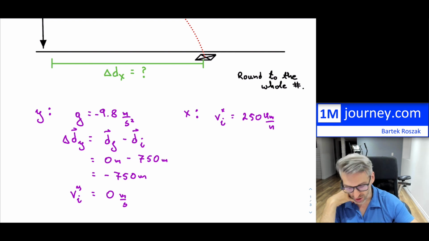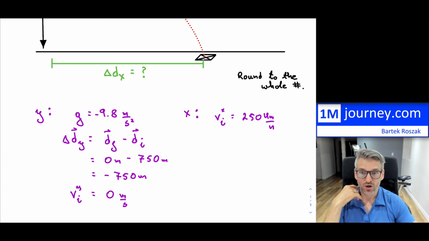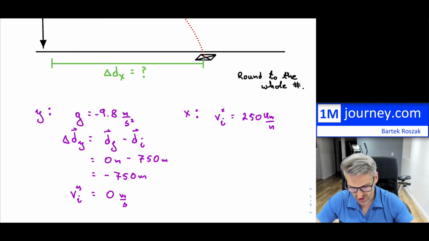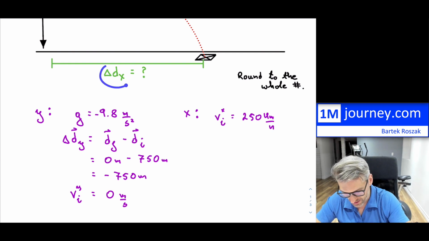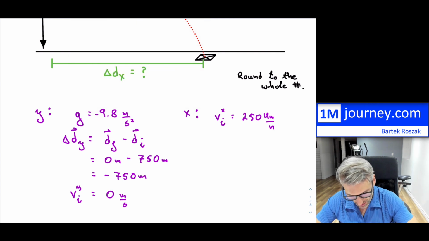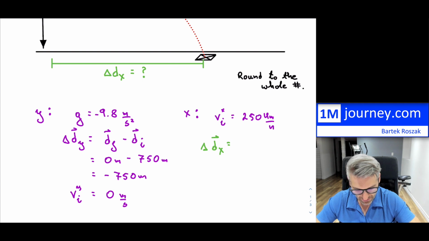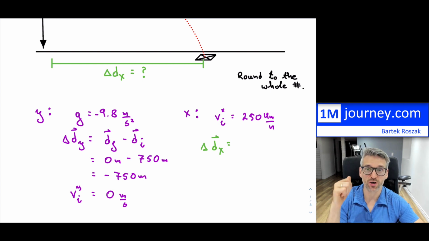Now, why would I want to write all of this down for myself? Because ultimately, what I'm after is this. That's what I want. So what is that, the displacement in the x that I have in here? That particular displacement is going to be based on the speed the package is moving, and then for how long it has been moving.